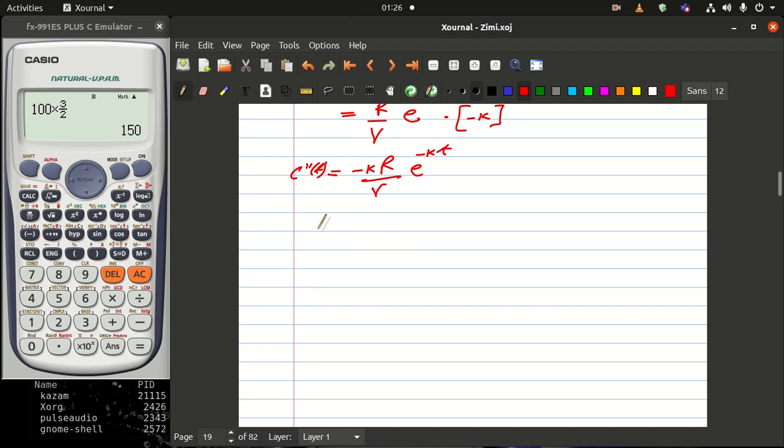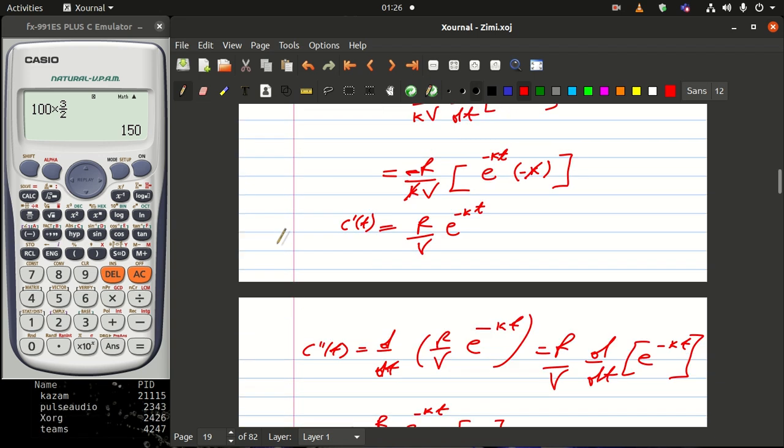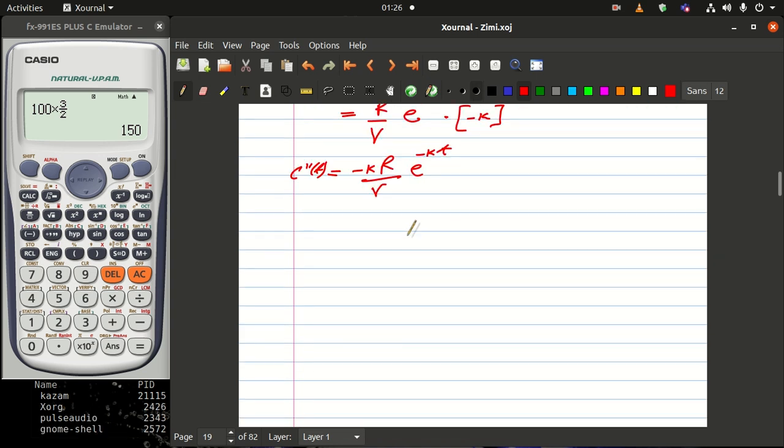The next thing, because we wanted to maximize the rate of increase, so this is what we want to maximize. Now, the next thing we wanted to do is solve for t.